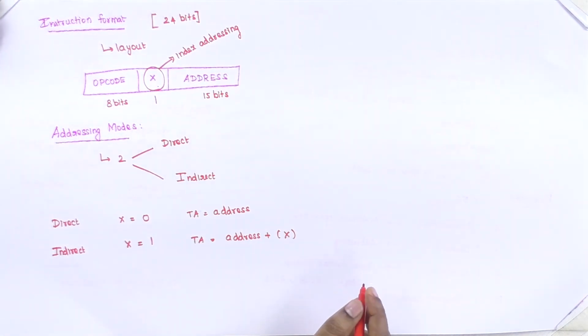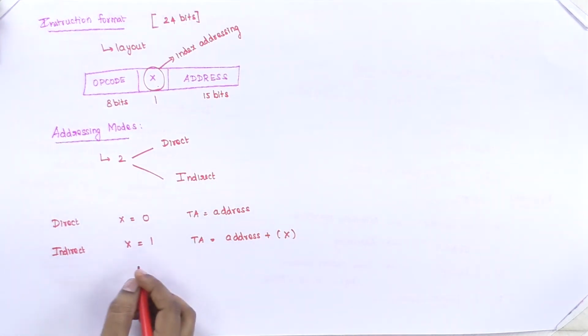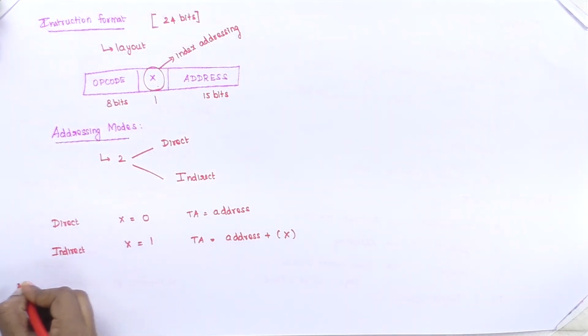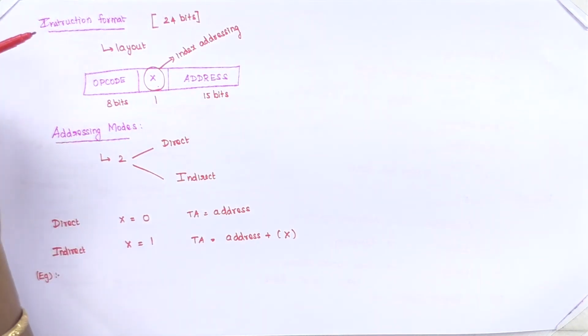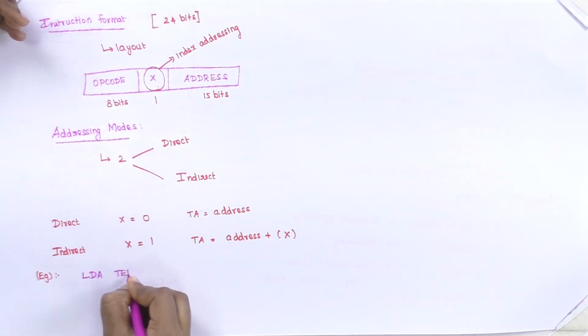Now let us see an example for both direct addressing and indexed addressing. LDA 10. Okay. So for each and every mnemonic, we will be having an opcode. In our system software, we are going to completely deal with assembly level language only.